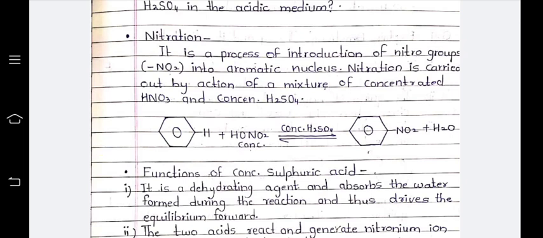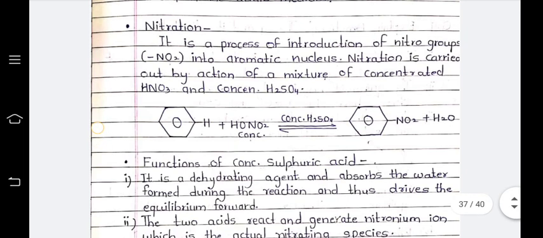For the nitration reaction, we use the nitrating mixture. It is well known that the nitrating mixture is concentrated H2SO4 along with concentrated HNO3. These are the nitrating agents, used for the nitration of the benzene ring.